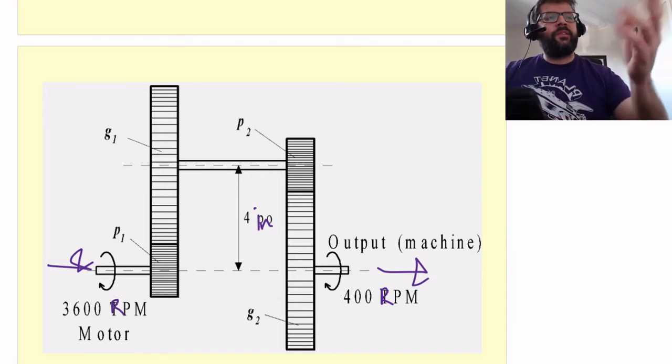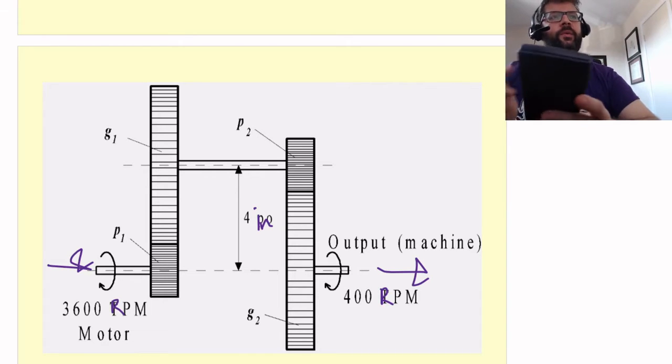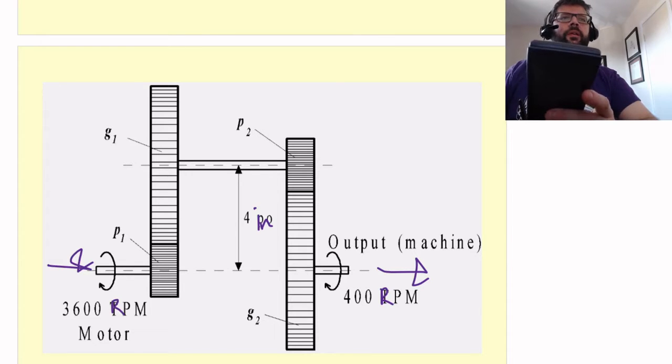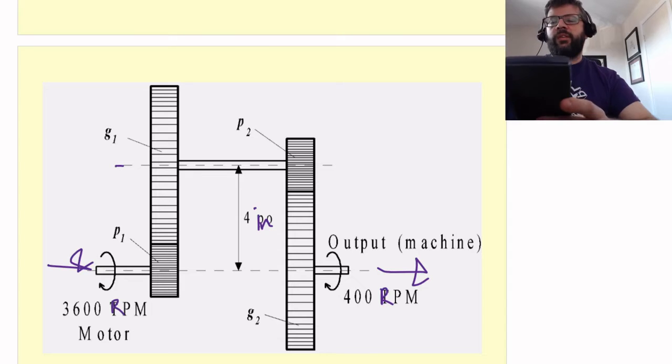So if we want that to occur, then we are going to need to have the same gear ratios for these two sets, basically.